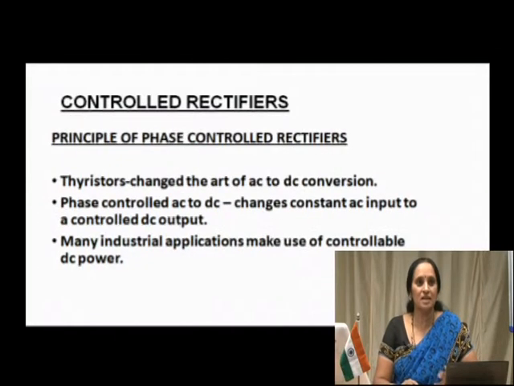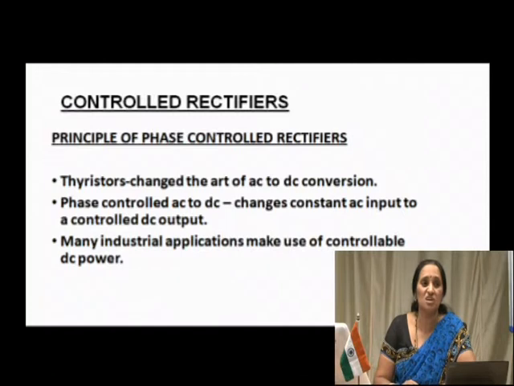The next slide is going to tell me what this controlled rectification is all about. I already told you thyristors changed the art of AC to DC conversion. In phase controlled AC to DC conversion, there is a constant AC input. Please see, the input is AC with a constant frequency, and its magnitude is also constant.